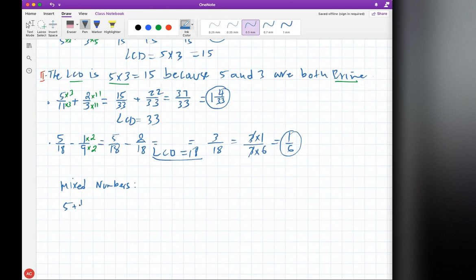So let's say you have 5 and 1/3, add this to maybe 2.